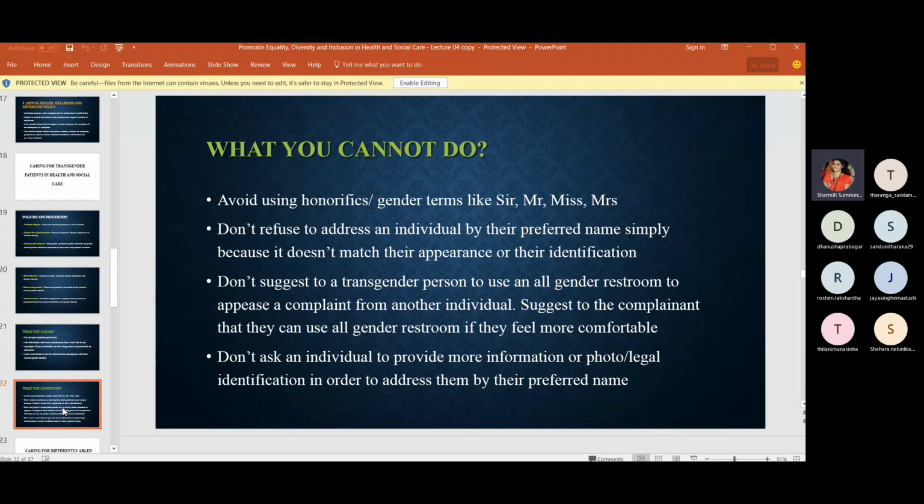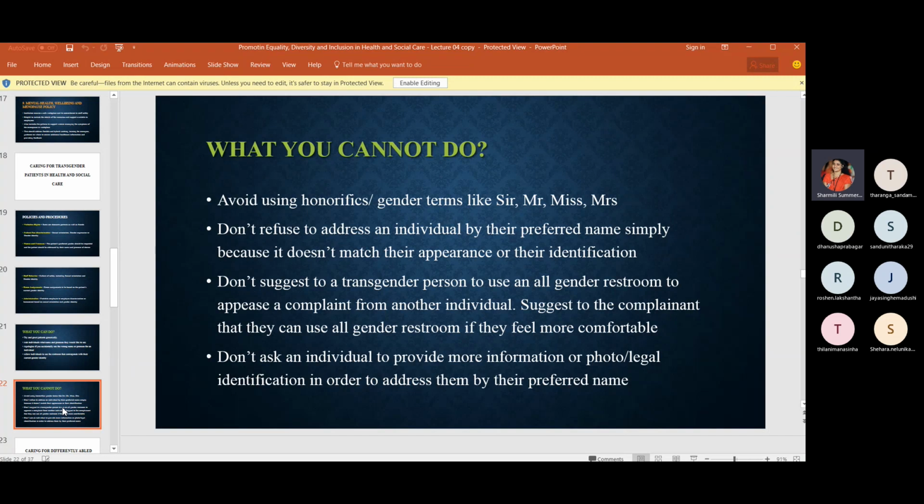It is not the good way. Rather than that, you can educate the complainant to understand the situation. The transgender person can use the common restroom if they feel comfortable and are willing to. Otherwise, you can't force them to use that common restroom.